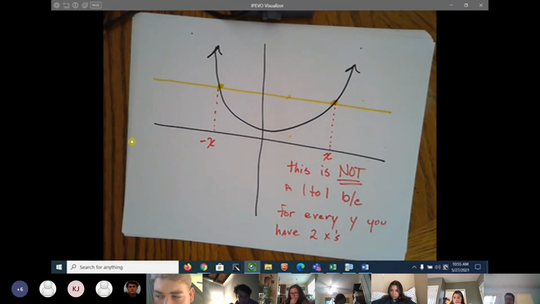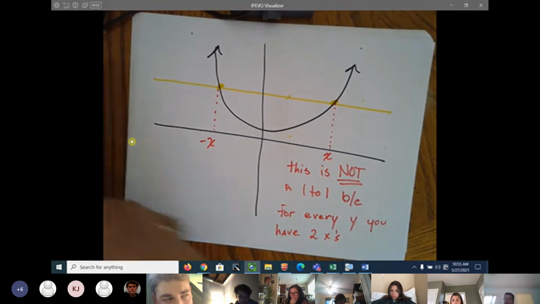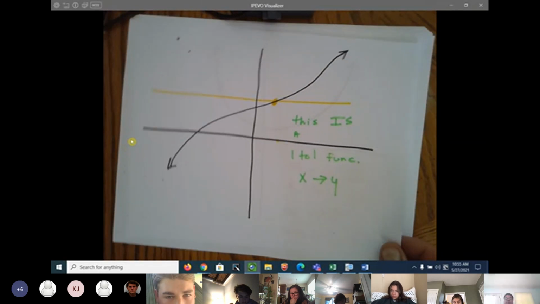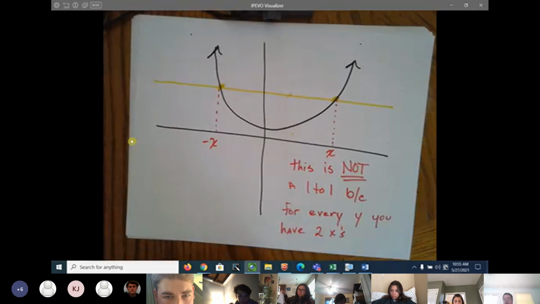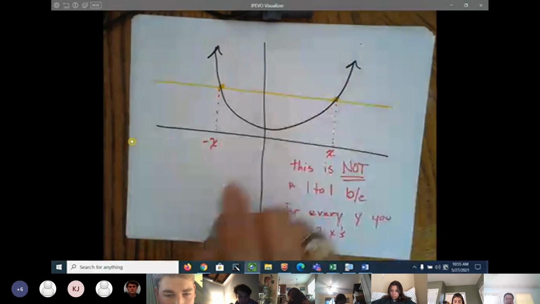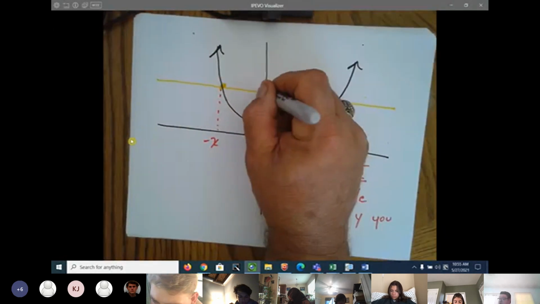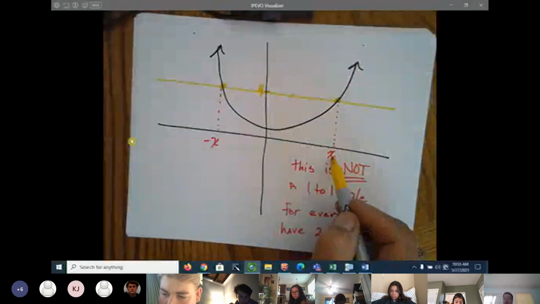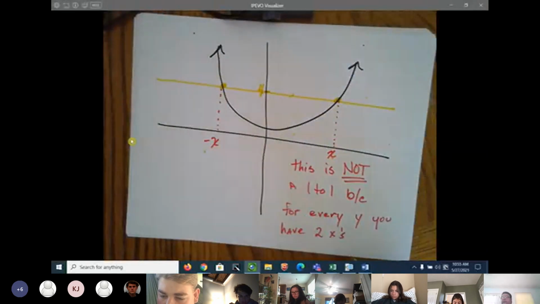So it's not one-to-one. Horizontal line test, one time, you have a one-to-one function. Horizontal line test more than once, you do not have a one-to-one function, because the one y, let's say this y is 4, 4 has a 2 and a -2 for x's.